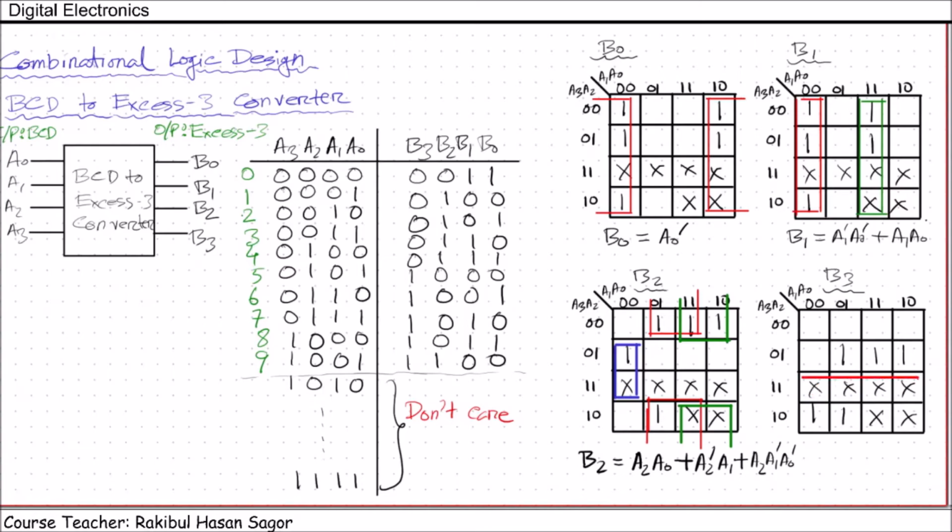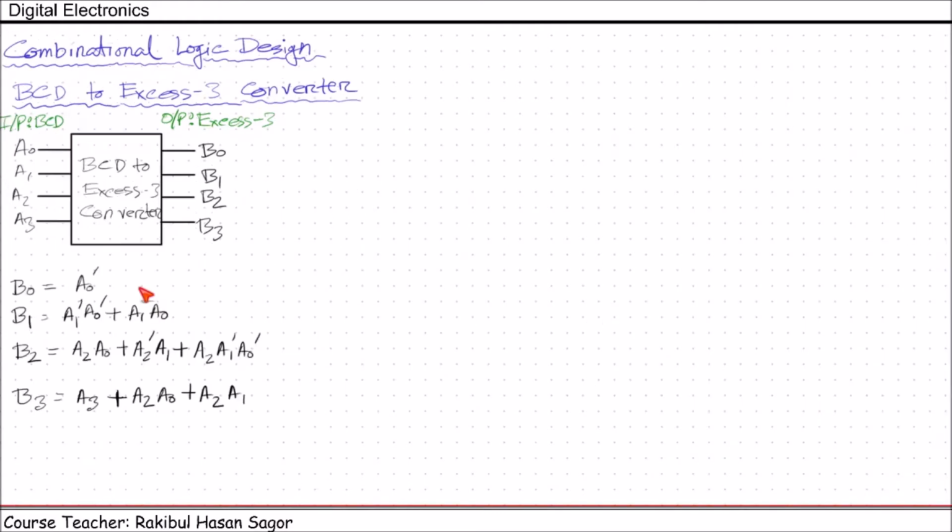Finally B3, we can take these adjacent cells. We can take these 4 and we can take these 4. B3 can be written as A3 plus A2 A0 plus A2 A1. So we have got the simplified version of B0, B1, B2, B3 using the Karnaugh map.